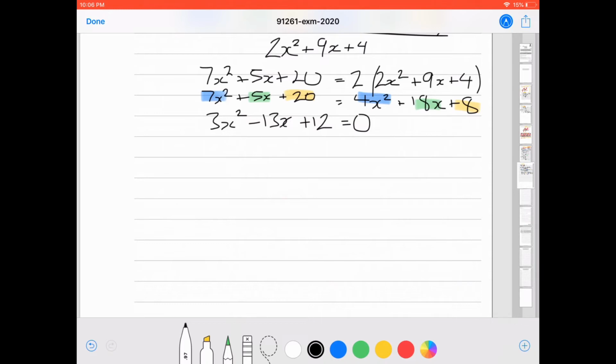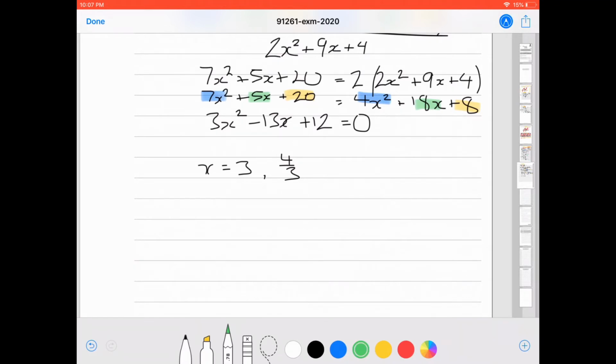I've clicked mode 5 for equation, 3 for quadratic, and entered 3, minus 13, 12. Basically, it's the quadratic solver on the calculator. We come out with x values of x equals 3 and 4 over 3. Those two are our correct solutions.